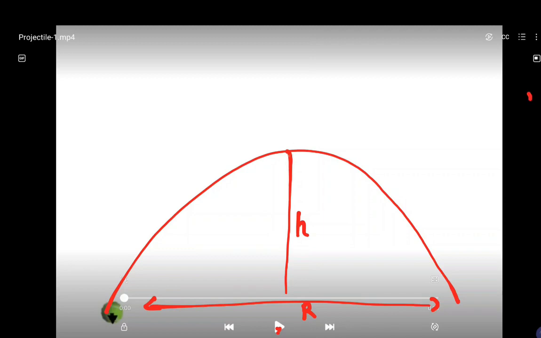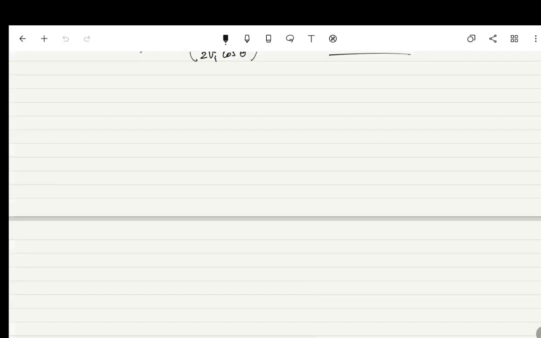Remember, at the maximum height, the y velocity equals 0 and the x position is constant.